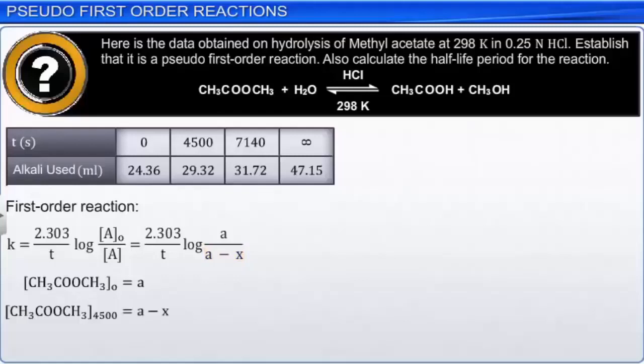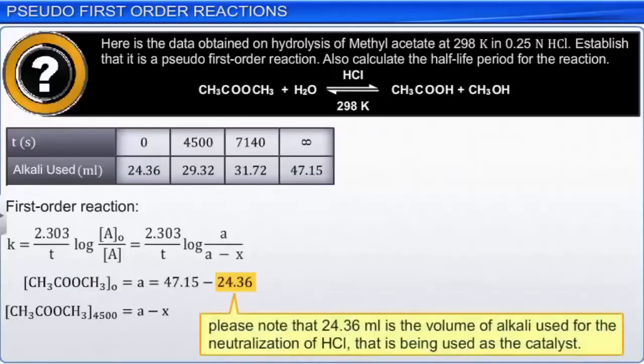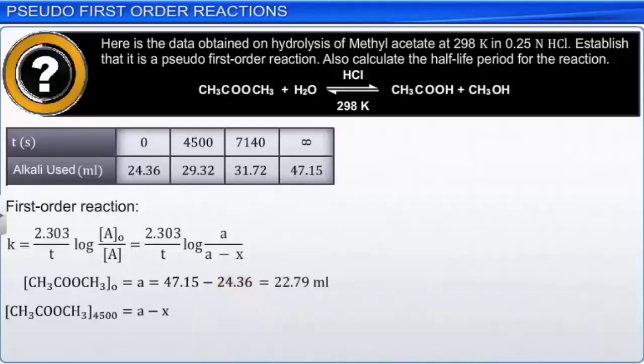The volume of alkali used for total change from t equals 0 to t equals infinity gives the initial concentration of the ester. Hence, the initial concentration of methyl acetate is 47.15 minus 24.36, which is equal to 22.79 milliliter.